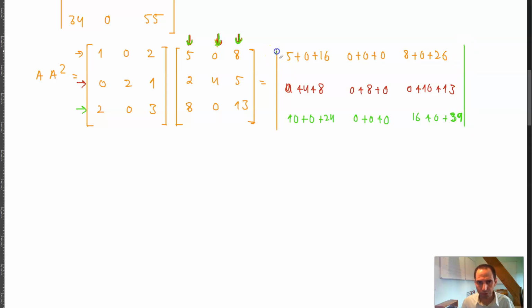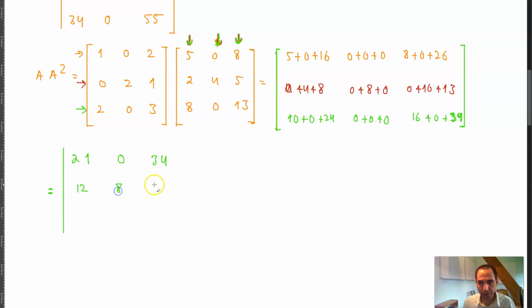Maybe if you want to know why that works, you have to pay attention to how the process of matrix multiplication is done, and that way we might actually understand it. So 5 plus 16 is equal to 21. That's a 0. 26 plus 8 is equal to 34. And 4 plus 8 is equal to 12.